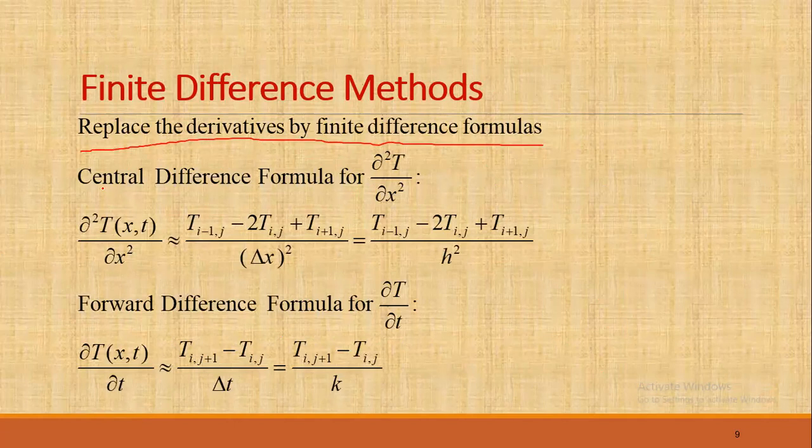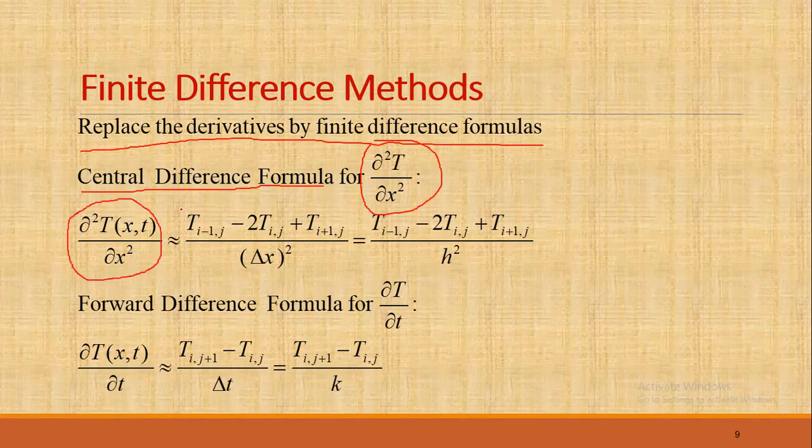Suppose our derivative is a second order partial derivative, and we use the central difference formula. So basically, what is going on? For del square T upon del x square, we use the central difference. So we write T_{i-1,j} - 2T_{ij} + T_{i+1,j} upon delta x squared.